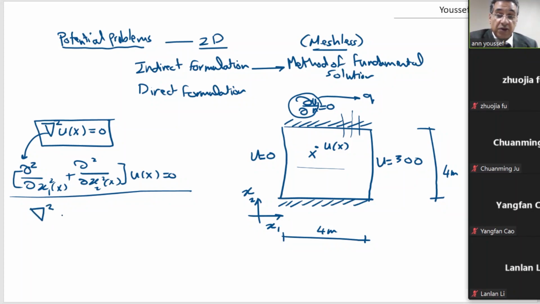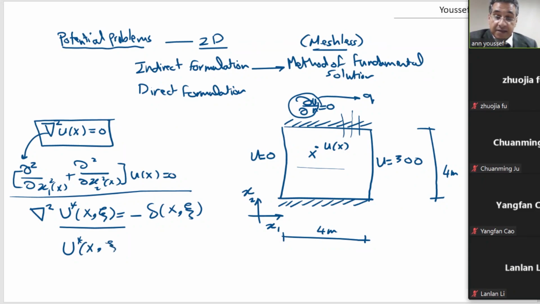So if I have nabla square u asterisk of x and xi equal to minus delta of x and xi, the solution of this problem, you have to believe me now, u asterisk of x and xi equals minus 1 over 2 pi ln r between x and xi.